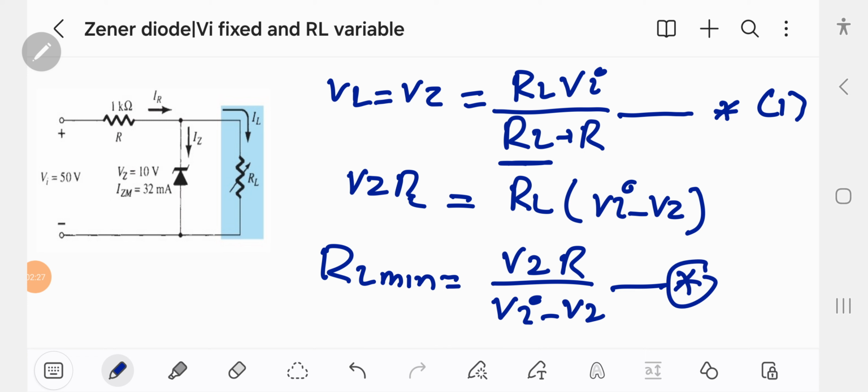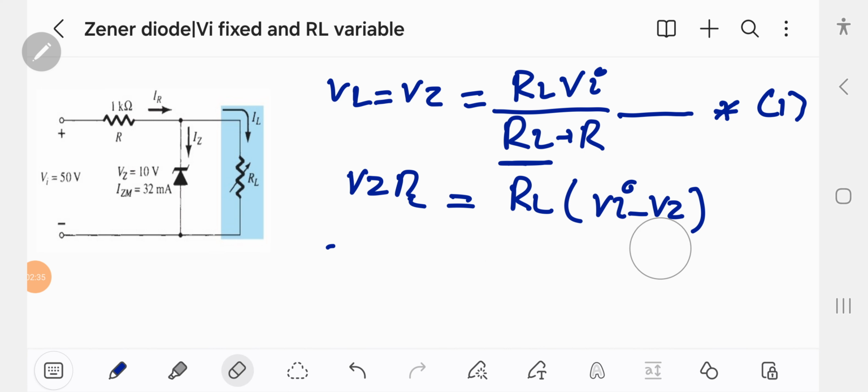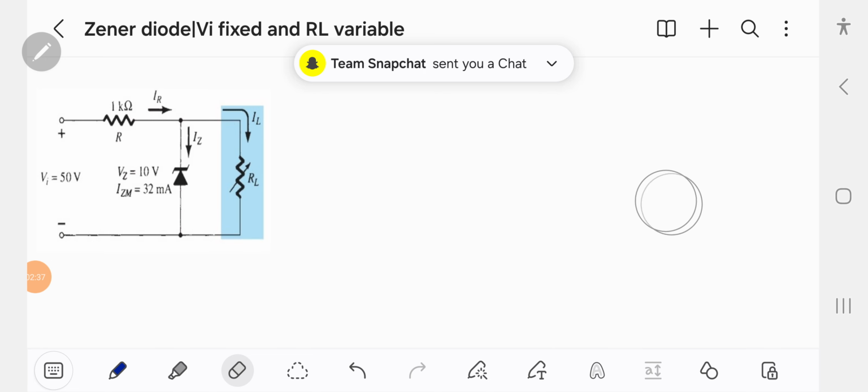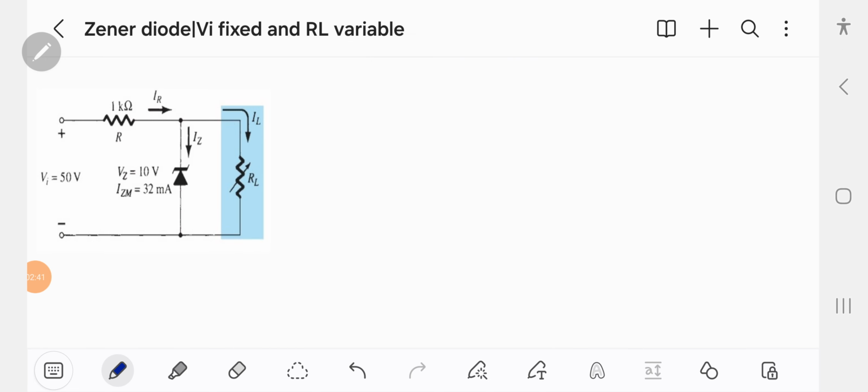so this is the minimum load resistance for which the zener diode is on. So if this is the minimum resistance, what is the maximum current?